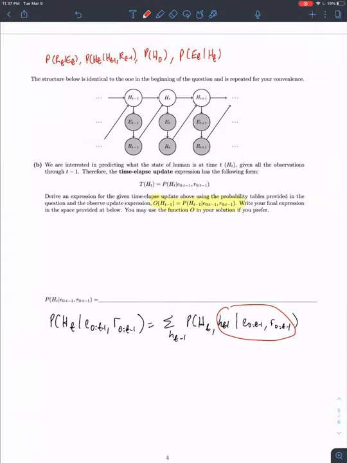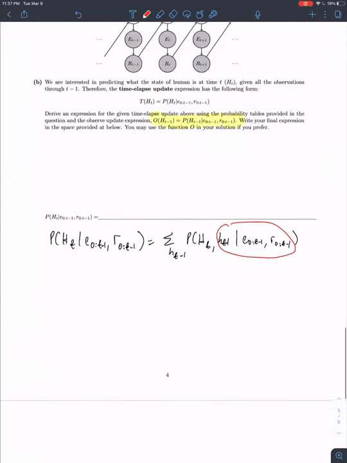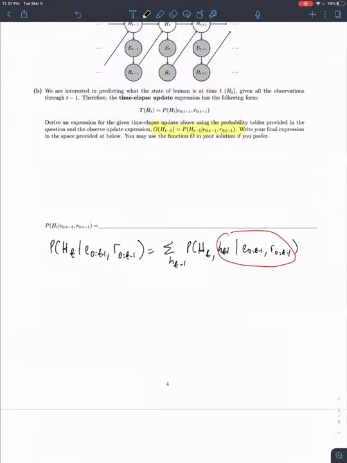We can say this is equal to the sum over ht minus 1 of probability of ht minus 1 given e 0 to t minus 1, r 0 to t minus 1, times probability of big ht given little ht minus 1, e 0 to t minus 1, and r 0 to t minus 1.